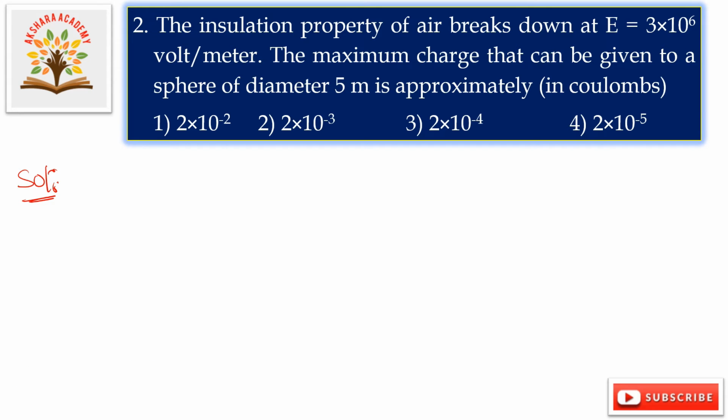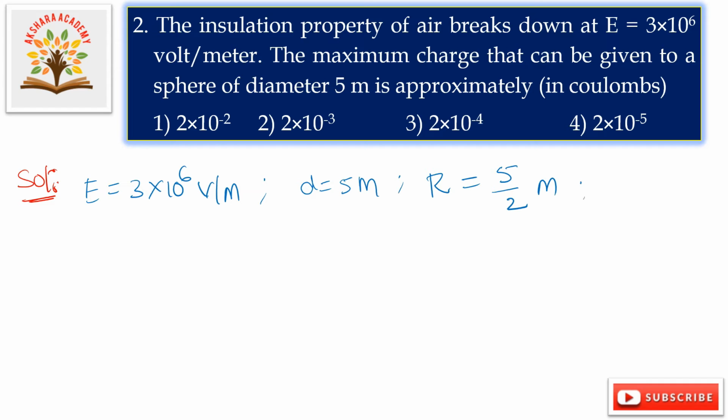Given E is equals to 3 into 10 to the power of 6 volt per meter and the given diameter is equals to 5 meters approximately. So R is equals to 5 by 2 meters and we have to calculate the maximum charge.